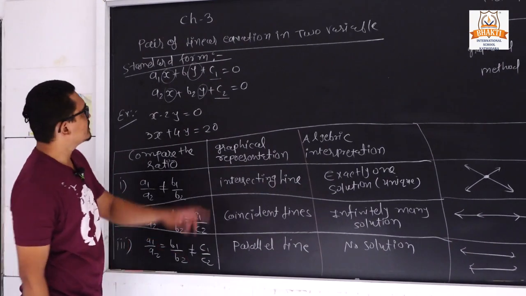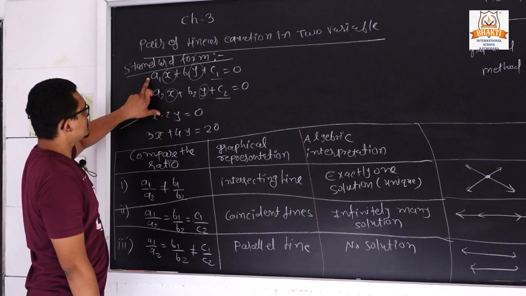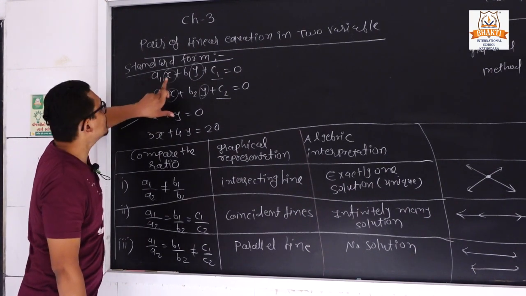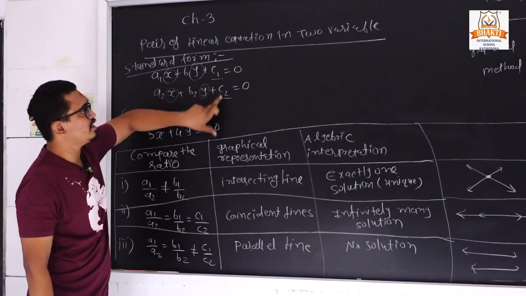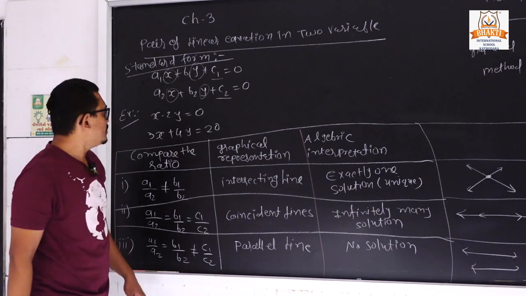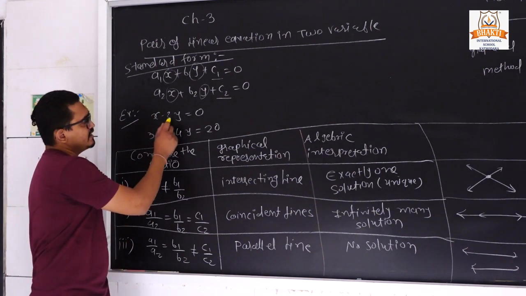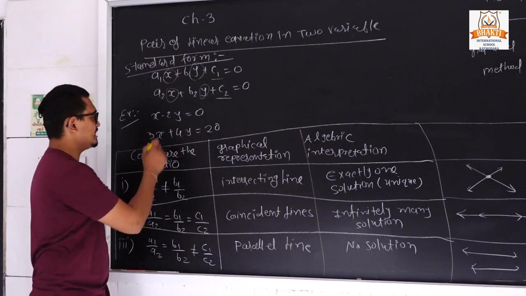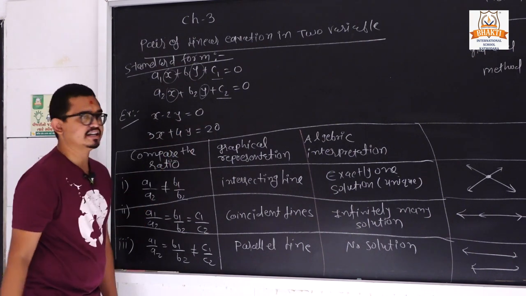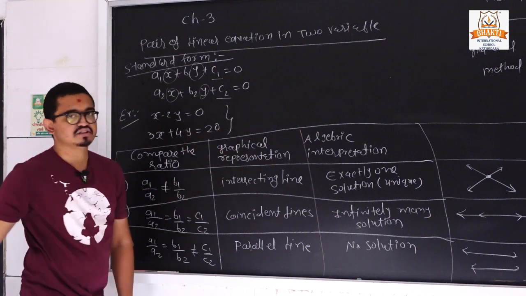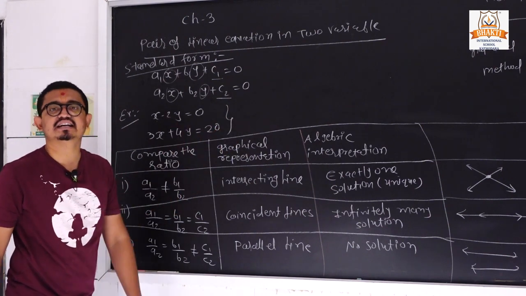So it means we have two equations, first and second, with two variables and constant terms. Suppose we take one example: x minus 2y is equal to 0, and second, 3x plus 4y is equal to 20. From these two equations you can easily get the idea.